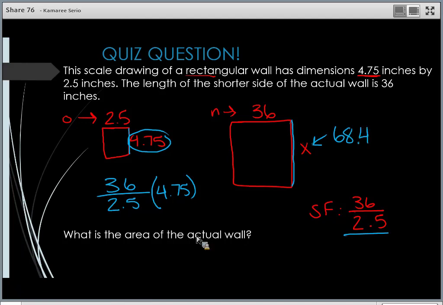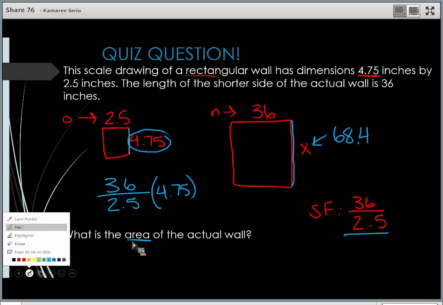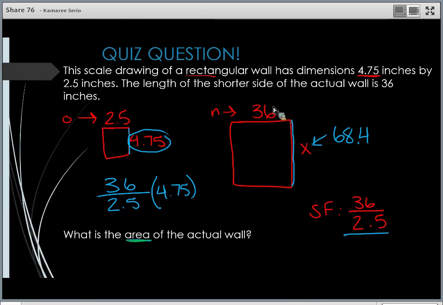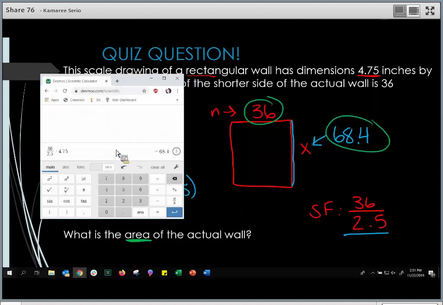Now the last step here is we want to know the area of the wall, right? And to find the area of a rectangle, you do length times width. So I'm going to do 36 times 68.4. So 68.4 times 36 gives us 2,462.4.